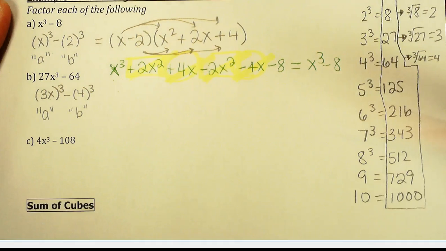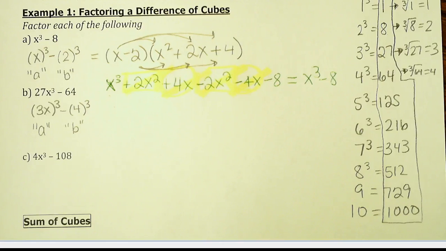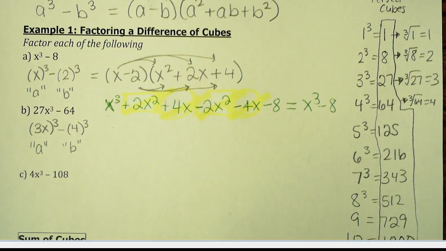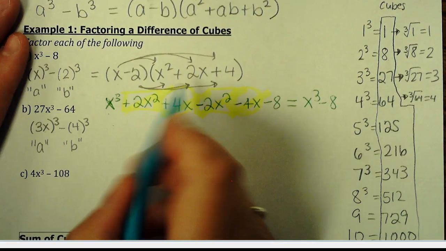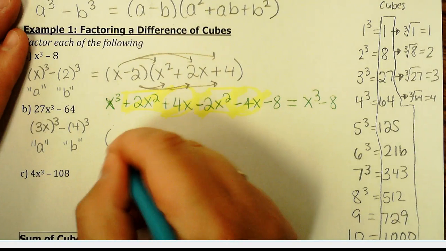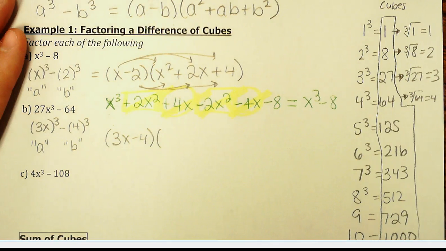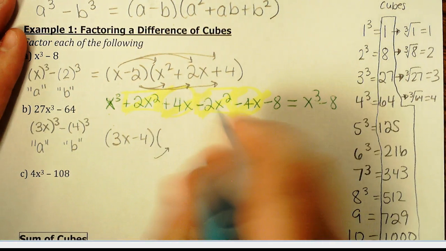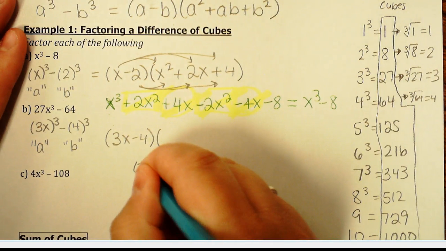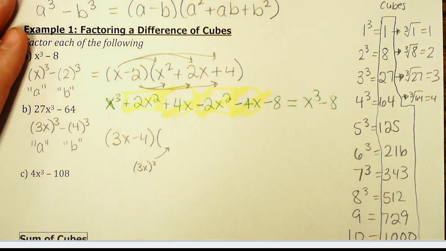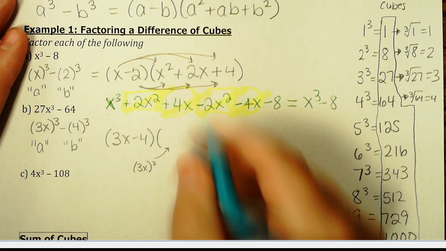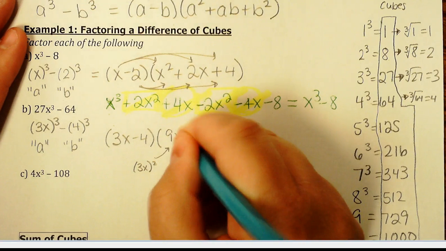So let me slide this back down a little bit so you guys can see that formula on the screen. So a minus b is 3x minus 4. Now this is always the trickiest part for people. So right here is a squared, so it's going to be 3x squared. You have to square the 3 and you have to square the x.